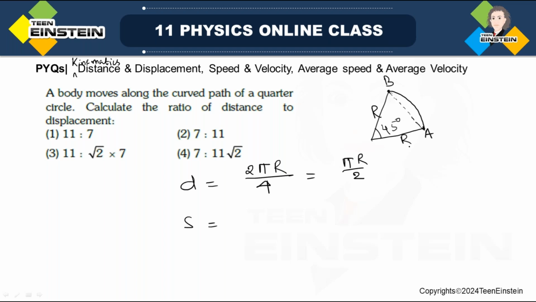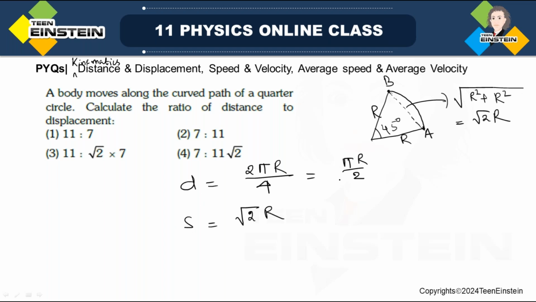So AB will be the square root of r square plus r square, which is root 2 r. So this is the displacement and the other is the distance.